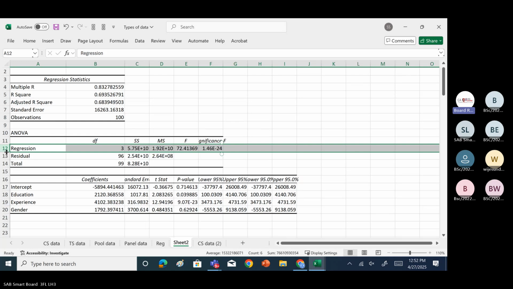These are the coefficients, the slopes. So we can develop our formula: salary equals, our constant value is minus 5,894. The coefficient or slope of education is 2,120. Is that positive or negative? Positive. So plus 2,120.36.